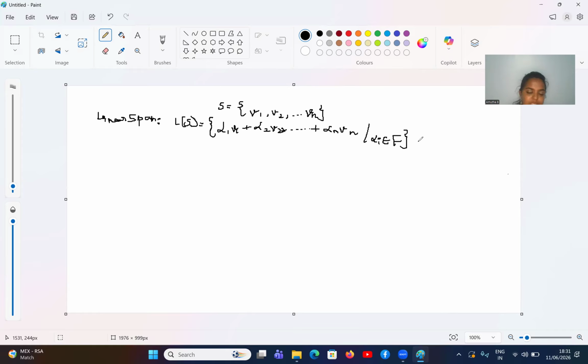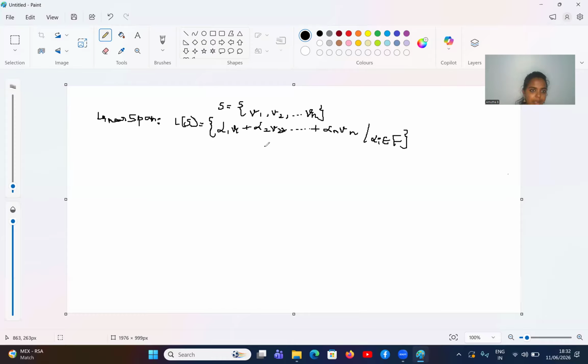But here we are using set brackets, and also we are varying the alpha i's over the set of scalars. If you write this set, it is called the linear span of the set S.